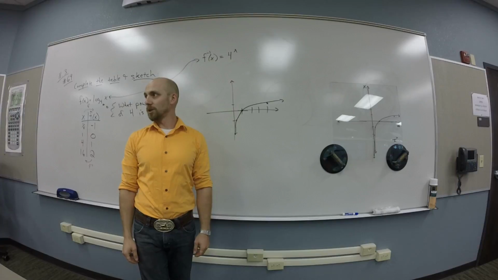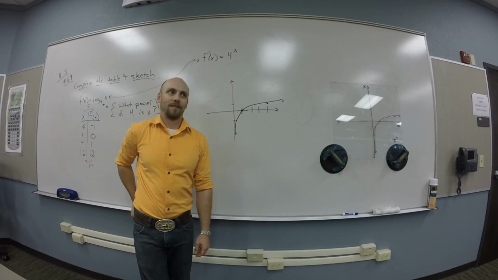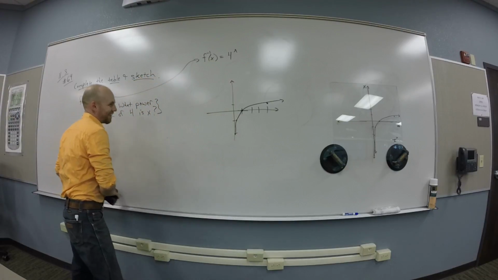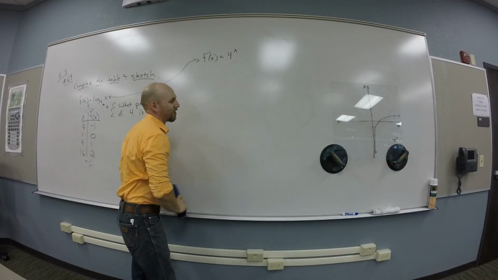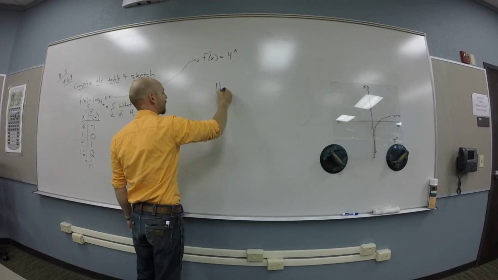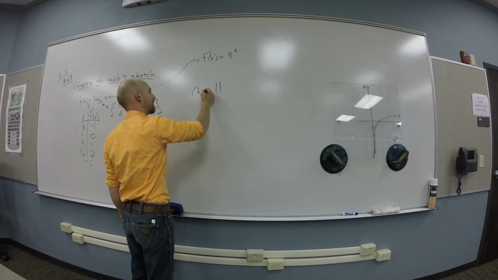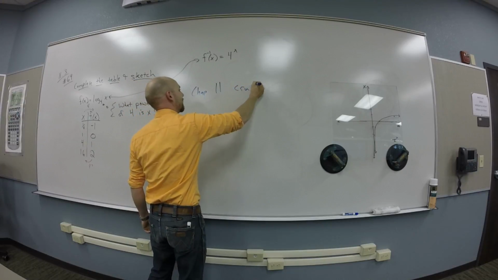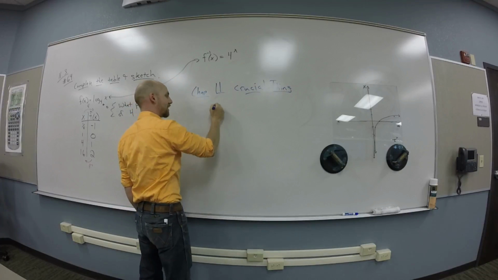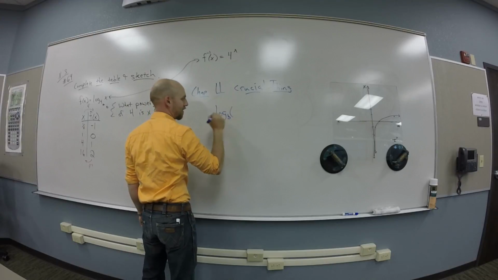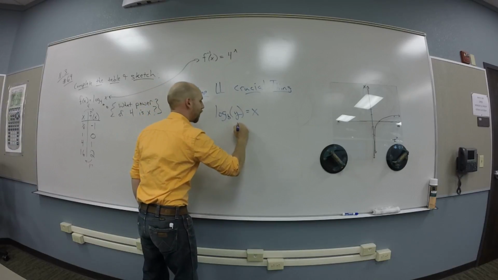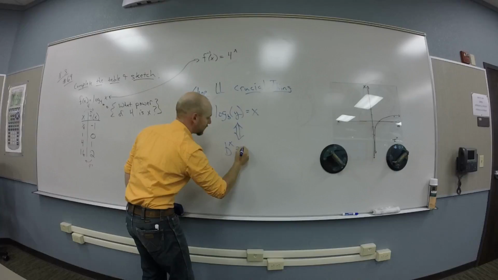So if you get nothing else from this, what should you remember? The crucial thing out of 11.3 and actually out of chapter 11 is this: if I've got log base b of y is x, that's the same information as b to the x is y.